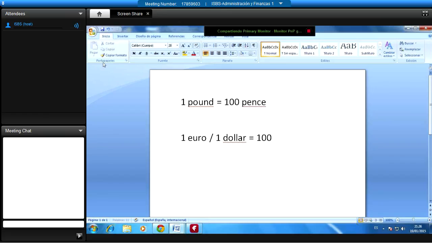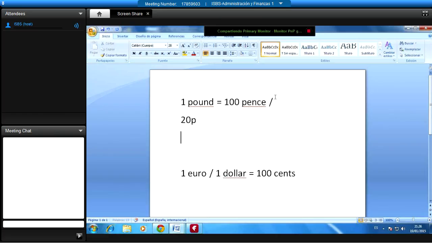Okay, it's like 1 euro, or even $1 is 100 cents. In English, it's the same words. Okay, cent puede ser céntimo o centavo. In the UK, 1 pound is 100 pence, which is normally abbreviated like 100p, for example, una moneda, 20p.